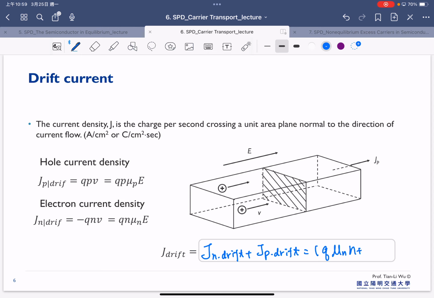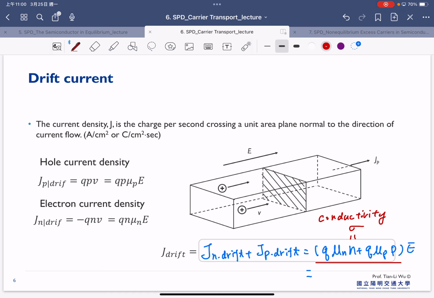plus q mu p p, times E, and we also define this term as the conductivity, sigma here.